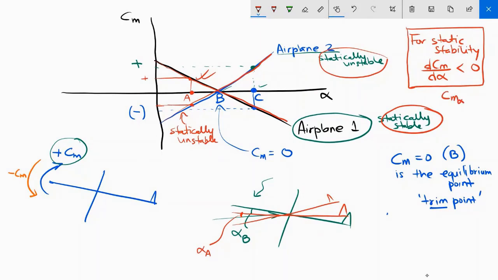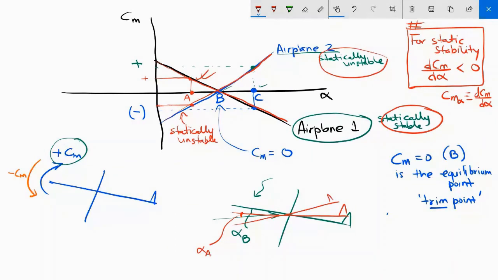This is a shorthand notation for dCm d alpha. You have to get used to this. As the equations become longer, instead of writing dCm d alpha, I will be writing Cm alpha, and you should understand that Cm alpha is the same thing as dCm d alpha. This is very important.